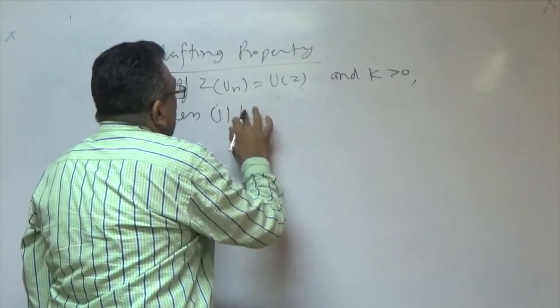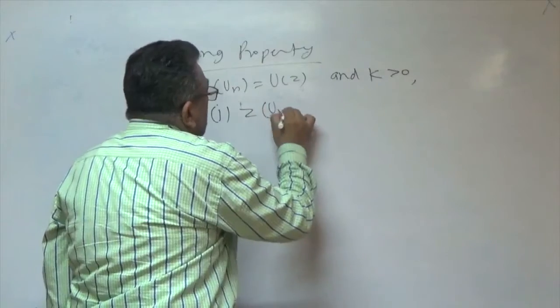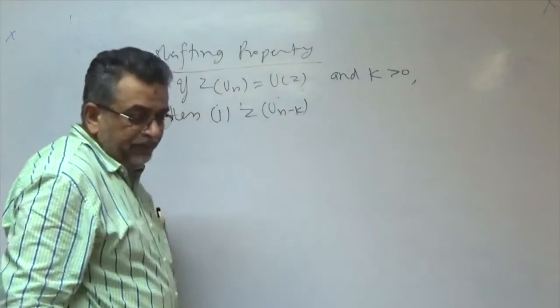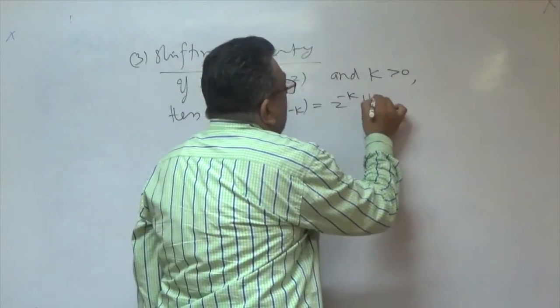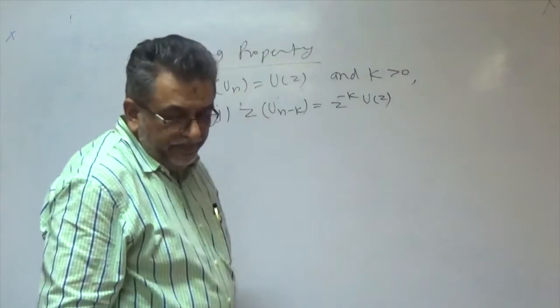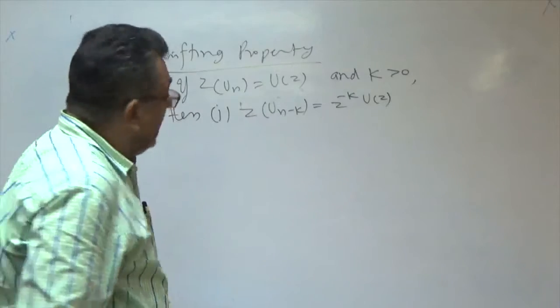First, the Z transform of u n minus k is simply z to power minus k times u of z. That is the first.